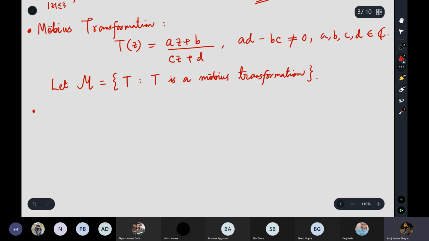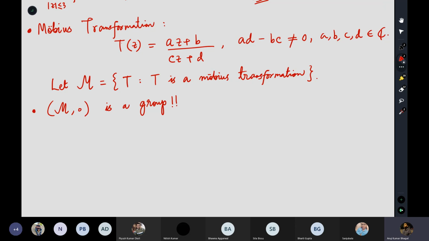So what is the result? This set, along with the composition of functions, forms a group. This is a very interesting fact. The collection of all Mobius transformations under composition of maps forms a group.